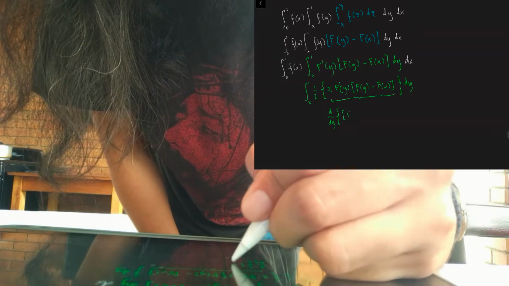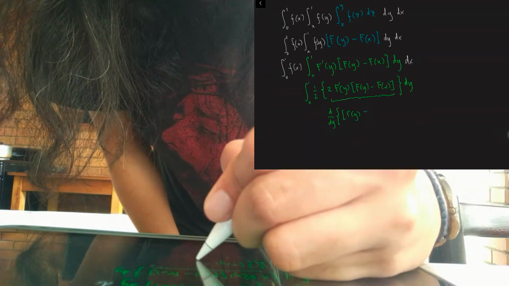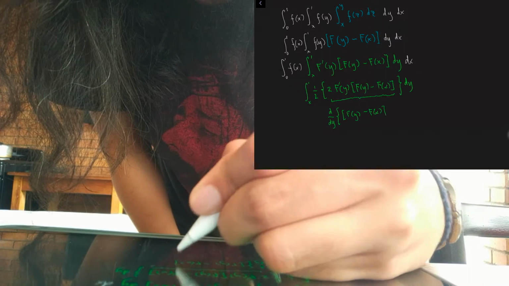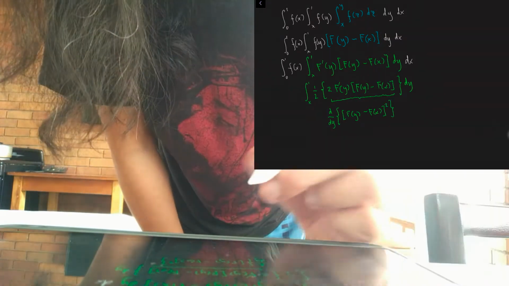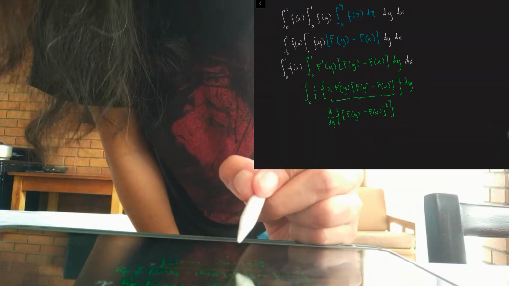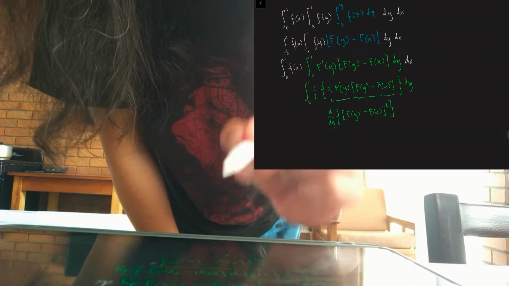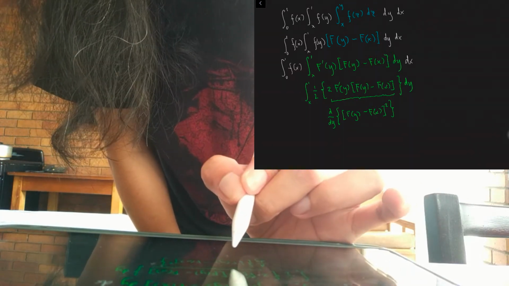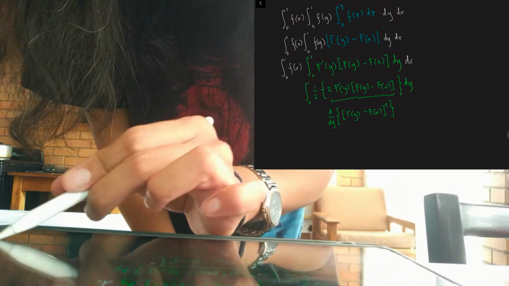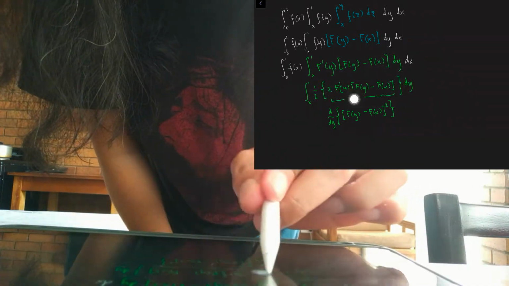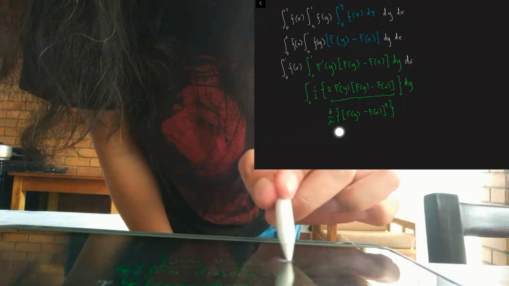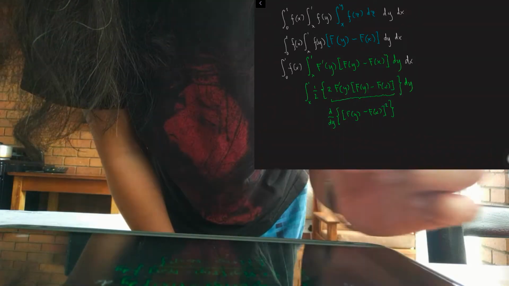Well, that is just F of y minus F of x squared, correct? Because when you get the derivative of this, you got 2 times quantity F of y minus F of x multiplied by the derivative of capital F with respect to y, which is just the term that we underbraced right here above, okay? That's just equal to the whole derivative here below, okay?